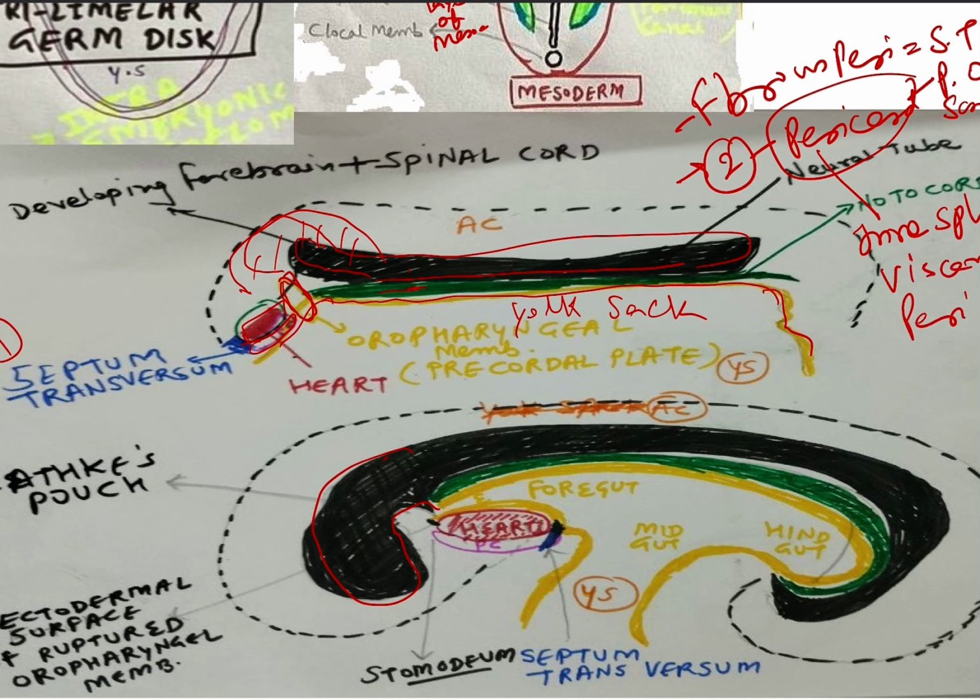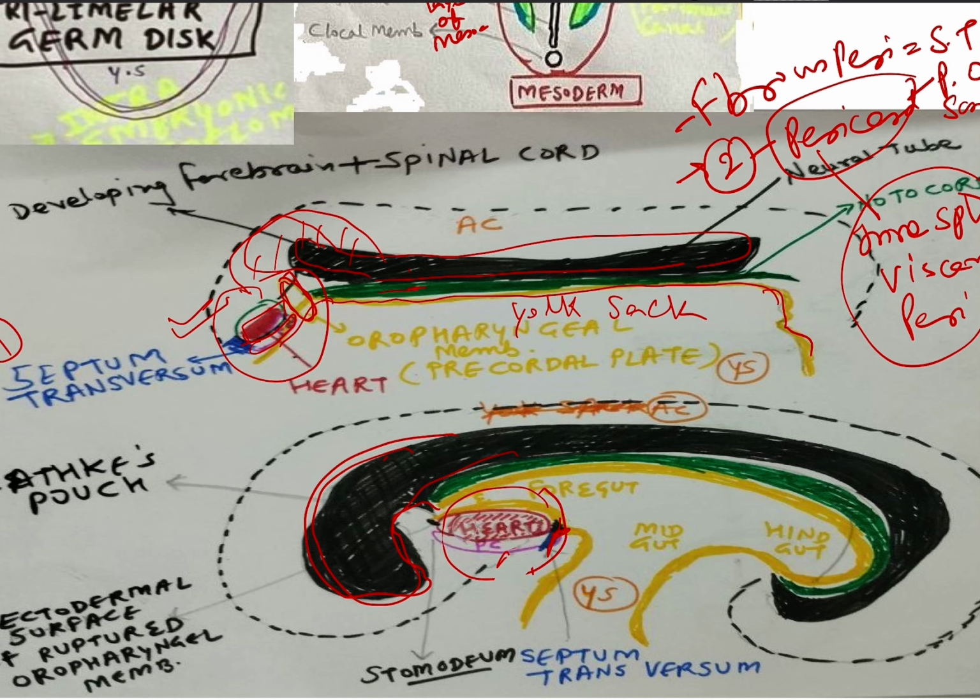And the purpose of explaining this head folding is this: the heart develops initially cranially, and finally in the definitive position it goes into the chest cavity with its septum transversum caudally, while the pericardial cavity is anterior.